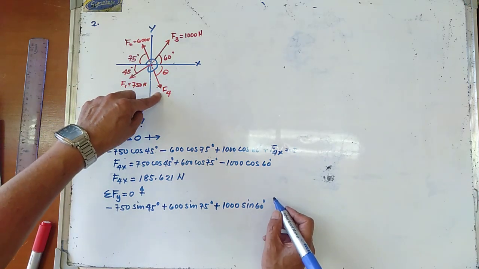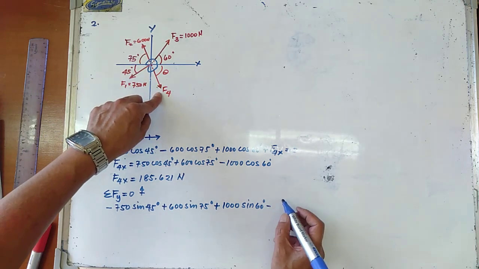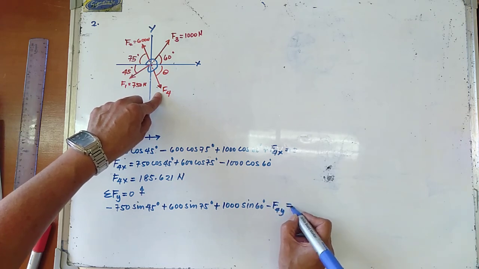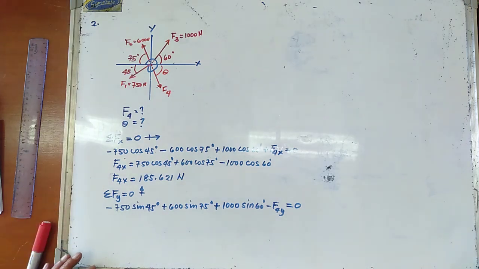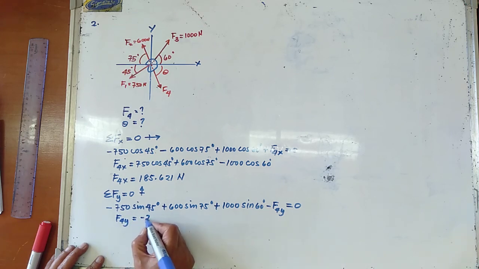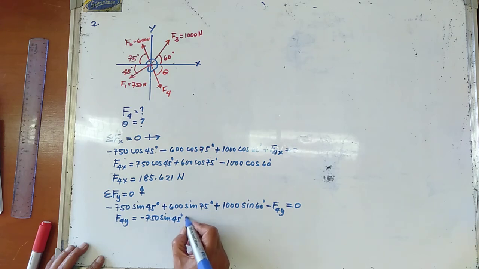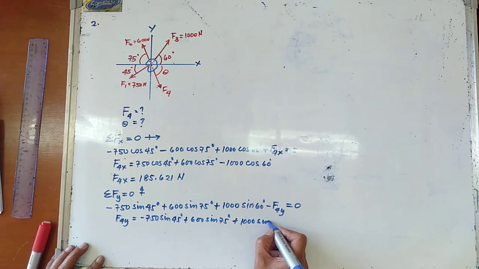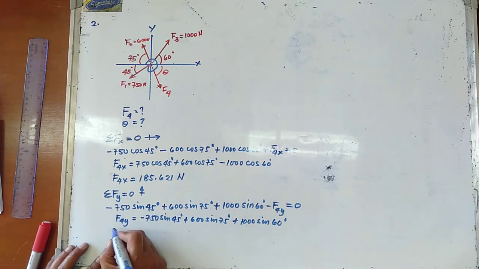So the y component of F4 is going downward, minus F4y is equal to 0. So your F4y is equal to minus 750 sine of 45 degrees plus 600 sine of 75 degrees plus 1,000 sine of 60 degrees.